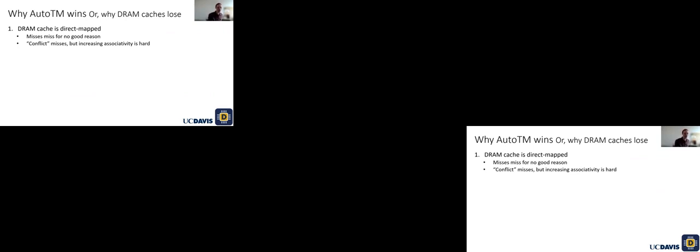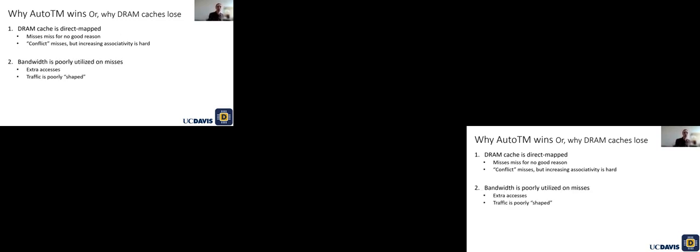And you might ask, well, why did Intel implement a direct-mapped cache here? That's because increasing the associativity for a DRAM cache is very difficult, especially if the cache is 384 gigabytes, which is the one that we were using here.